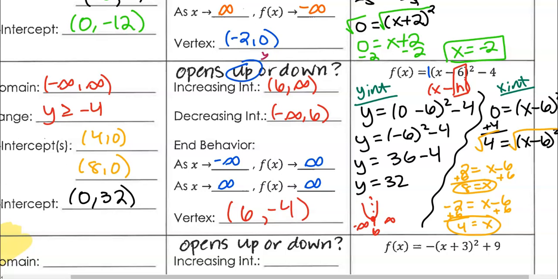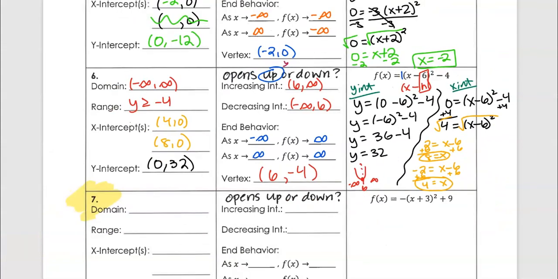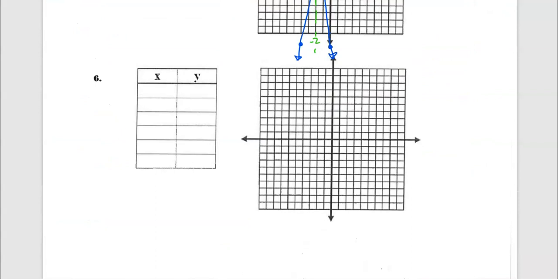Okay. We got some large numbers here. Would we like to count by 4s? Is that okay? Because of that 32 to make it fit? All right. So let's go down here to number 6. What was the vertex? (6, negative 4) was the vertex.